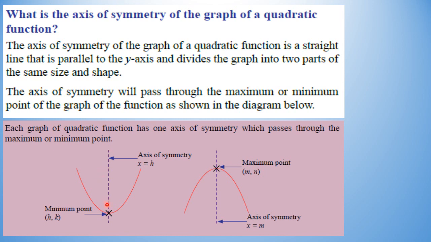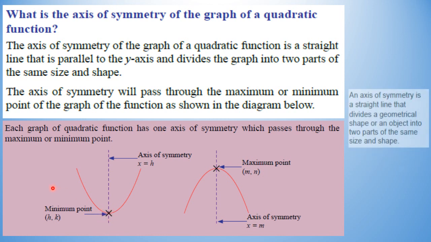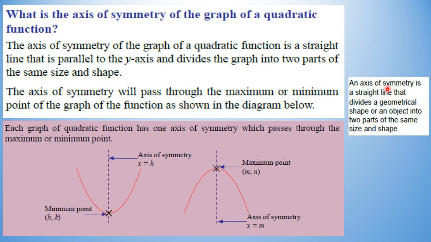This line is parallel to the y-axis and divides the graph into two equal parts. The left hand side and right hand side have the same size and the same shape. This one is also the same. The axis of symmetry will pass through the maximum point or minimum point.